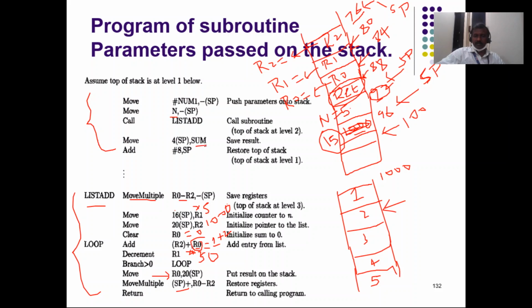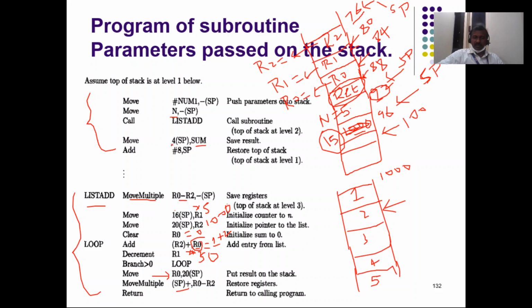That result you are storing in the memory location sum. Okay. Again we are saying add 8 comma SP. So again when you add 8 to SP, what will happen? Whatever the original value of the stack pointer, now the stack top is this.